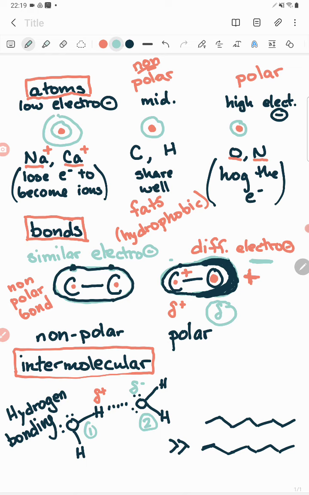They're much stronger than van der Waals or nonpolar interactions. And these are going to be occurring between those nonpolar molecules, so things that are relatively carbon-hydrogen rich, nonpolar.